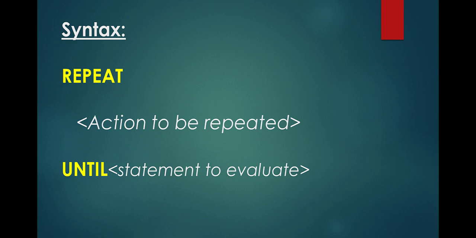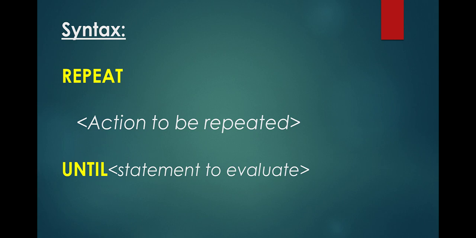So you have the keyword repeat, and then you have the action that needs to be repeated, and then you have the statement to be evaluated and the end for each. So based on where the evaluation statement is, you realize that the action has to be executed at least once before it's evaluated.